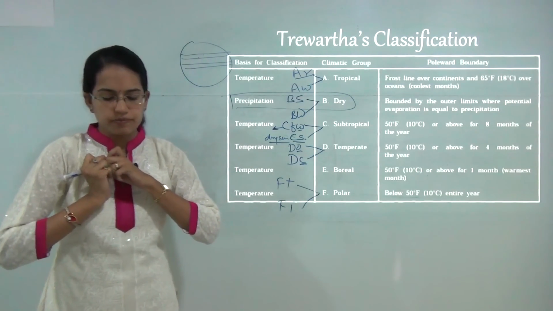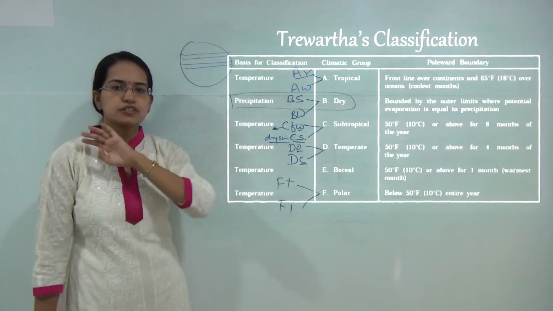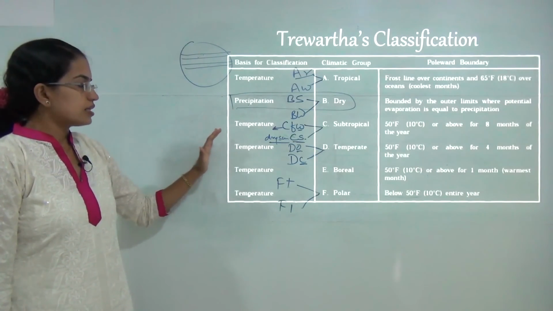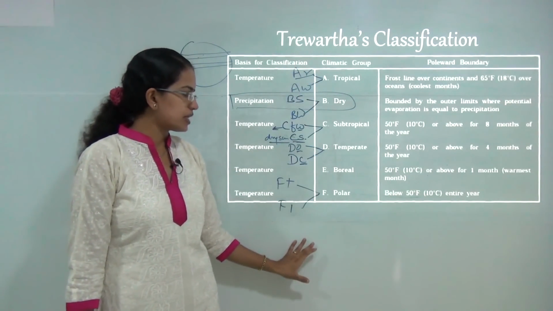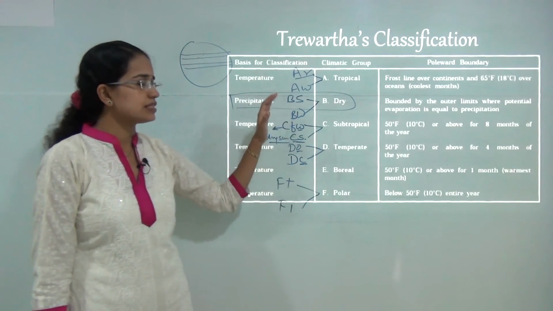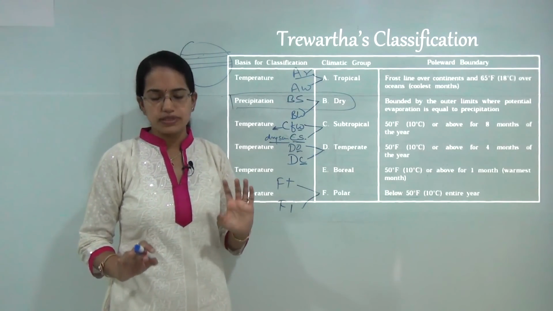Trewartha's classification, the major merit was, it was again based on temperature and precipitation. It did not involve any mathematical calculation. It was much simpler. Another benefit was, it was a simple combination of letters and alphabets, and this was very much similar to what Köppen gave, but it was highly simplified than Köppen's classification.